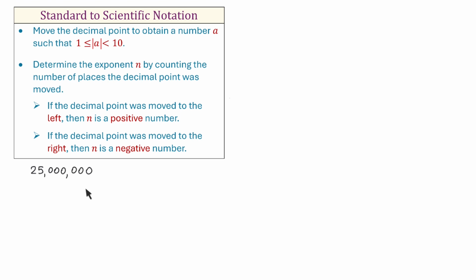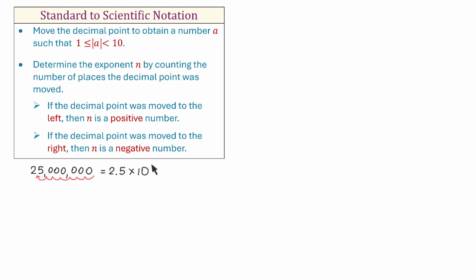Now, to write this number in scientific notation, we need to move the decimal point so that we can get a number that is greater or equal to 1 and less than 10. In this case, we will move the decimal point 7 places to the left to obtain the number 2.5. So now we have 2.5, and we need to multiply this number by 10 raised to an exponent.